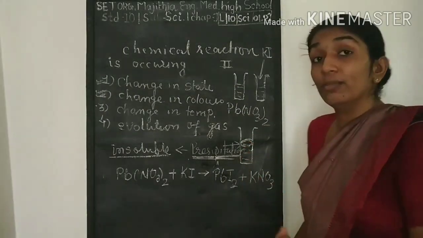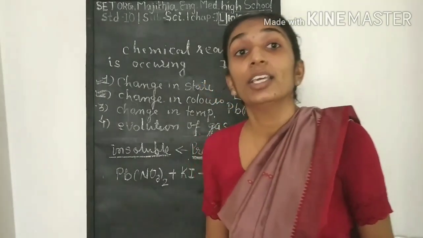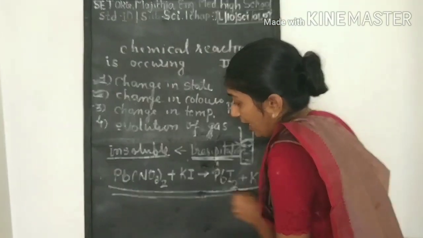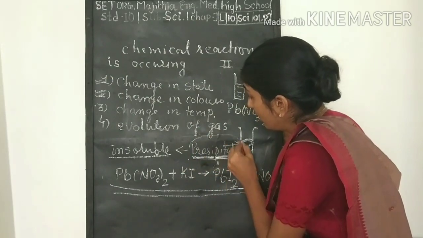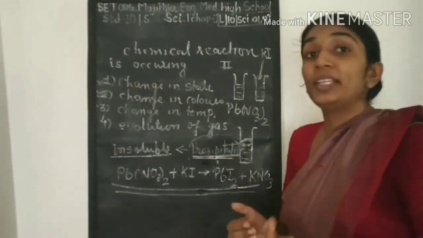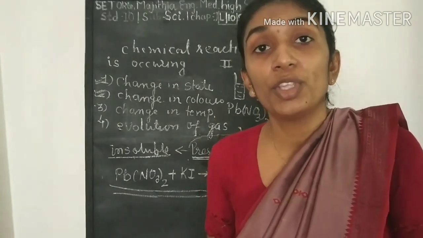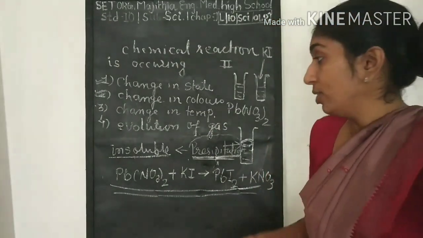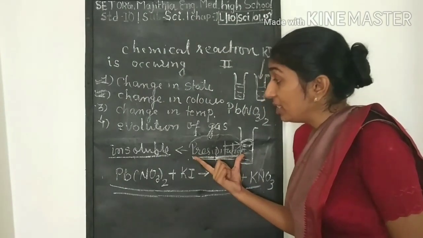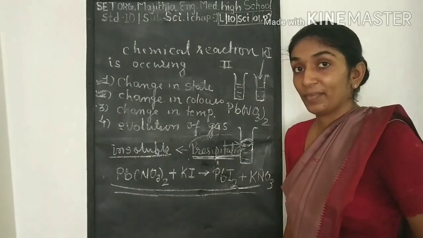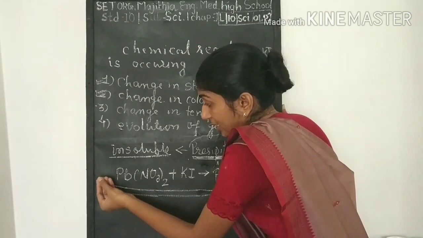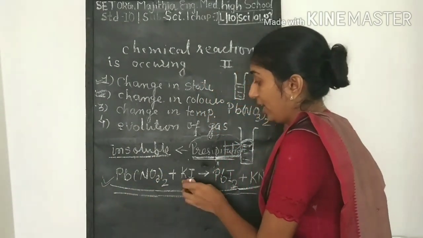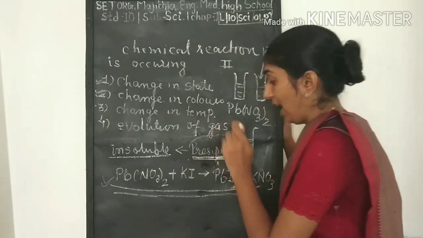Whenever you get this floating thing, we call this reaction a precipitation reaction. A precipitate is simply a thing which is insoluble in the given solution. In this, earlier we were having Pb(NO3)2, that is lead nitrate, as well as potassium iodide.